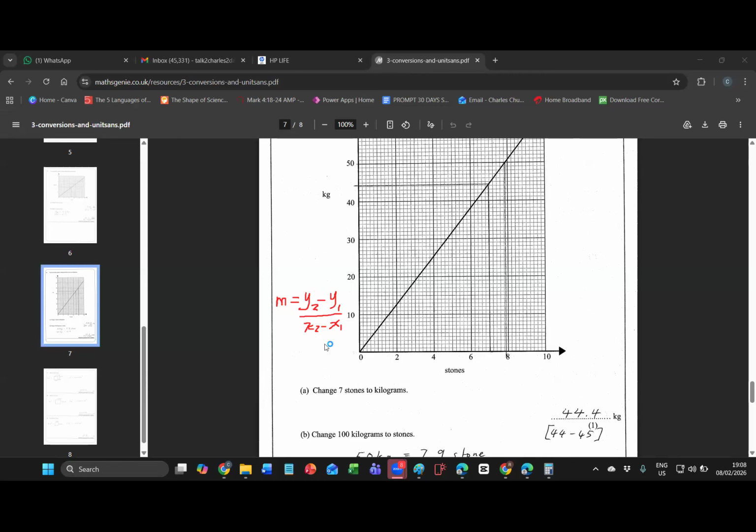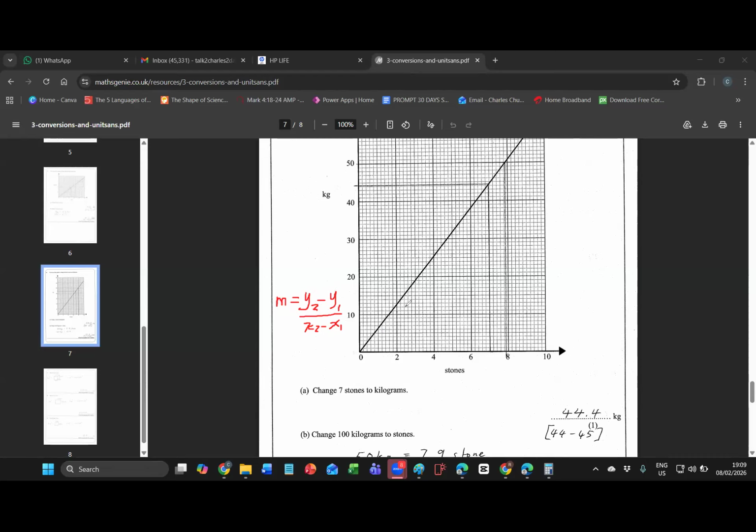Let's see if there's a way we can get a y2 and a y1. What's the best way to go about this is to see if you can draw a right angle triangle, okay?